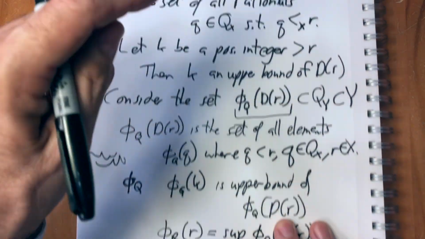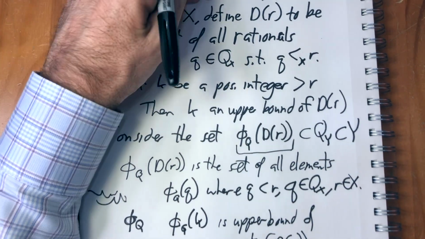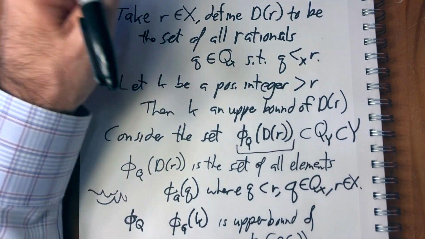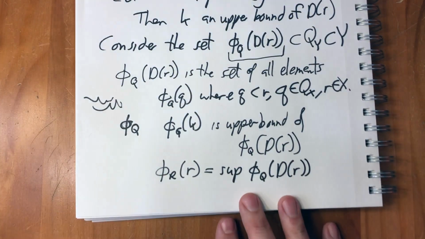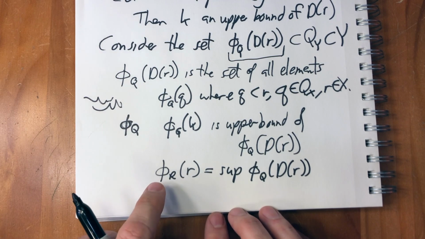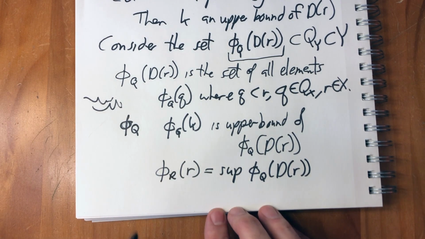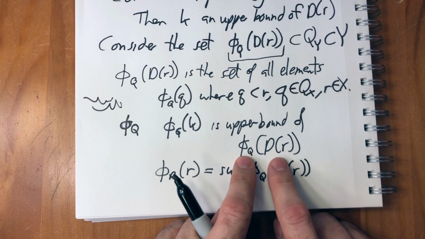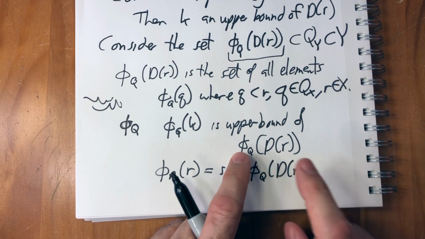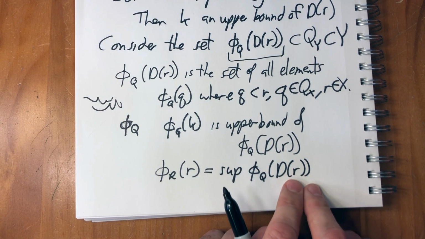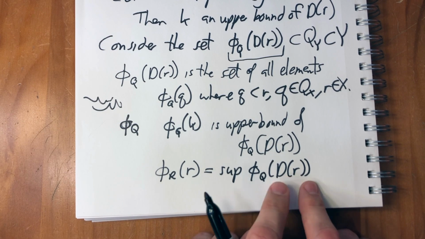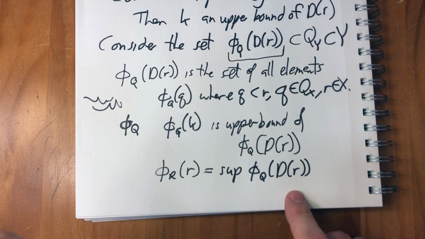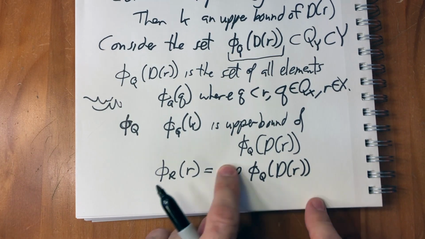So R is an element of X. It's an arbitrary element of X. It doesn't even have to be rational. It could be anything. And what we're saying is that if you map that number, we're mapping it to the least upper bound of this set. So it's the set of all of the phi Q's where Q is less than R. There's a least upper bound.